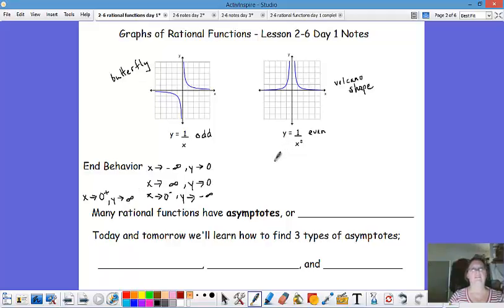Okay, a lot going on in this function. For our even degree function, we can make the same top 2 declarations. As x approaches negative infinity, y approaches 0, or gets very close to 0. As x approaches positive infinity, y also approaches 0.